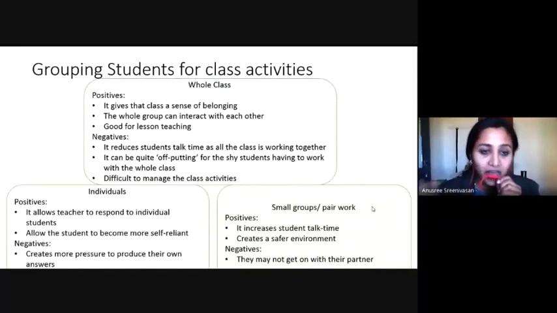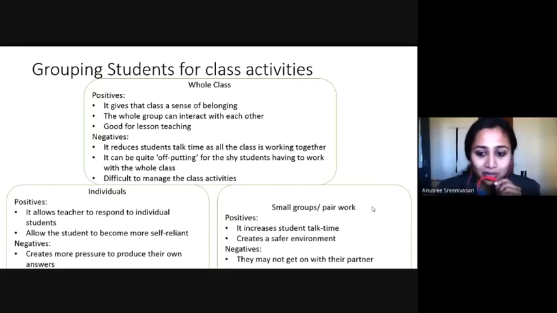Even if you make a fault, you have your partner to blame. So it's kind of a safer environment. There isn't much pressure as in the case of individuals. And the negative is that if you don't get along well with your partner, if you have any issues with your partner, then yeah, it's gone. You can't expect them to work any further.